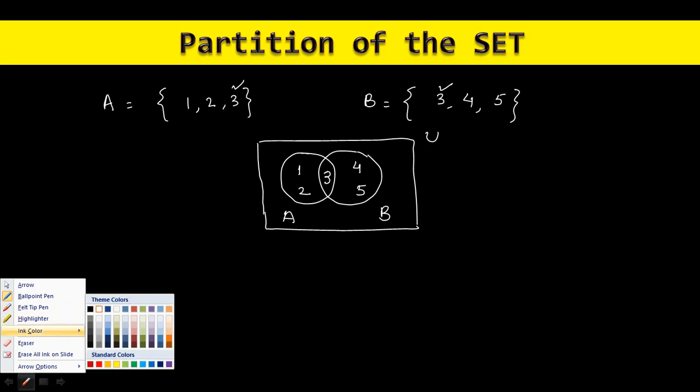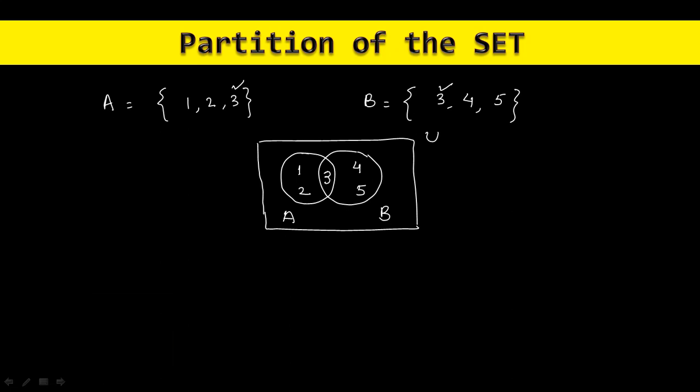This one is part 1, this one is part 2, this one is part 3, and this one is part 4. These are the 4 parts inside partition of the set.